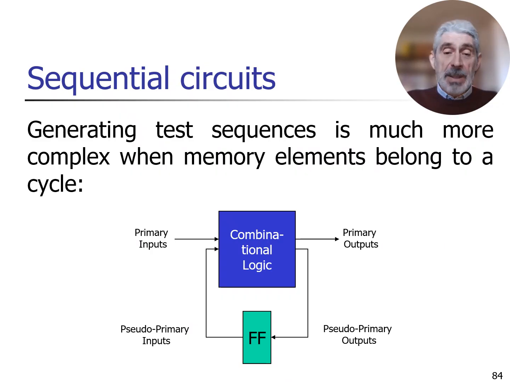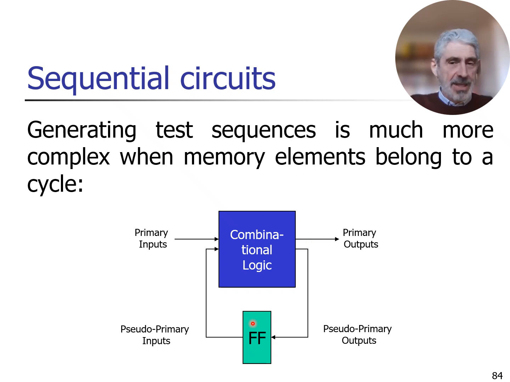And what happens is clearly that any stuck-at fault in the combinational logic, in order to be tested, will require some specific values on the primary inputs, but in general also on the pseudo primary inputs. Because the excitation conditions and the propagation conditions for testing any fault inside the combinational logic will require specific values on the inputs of the combinational logic.